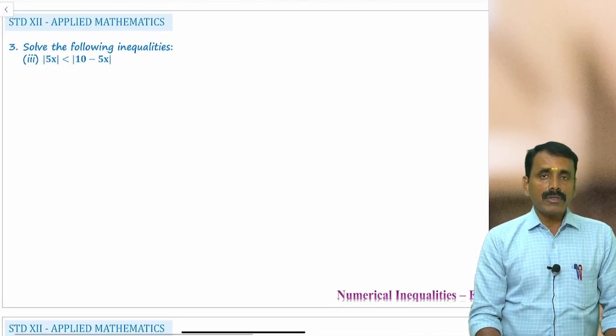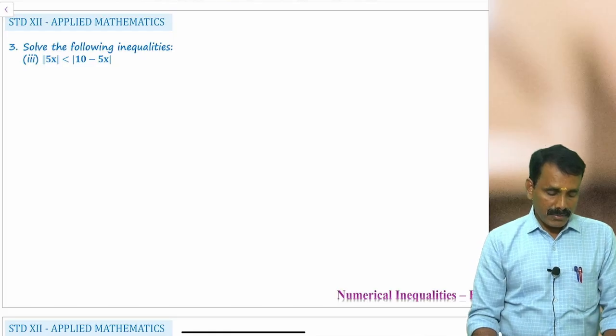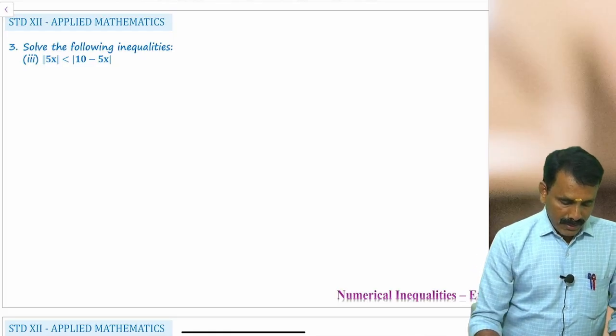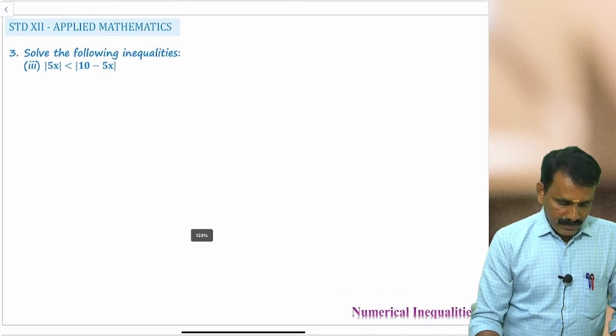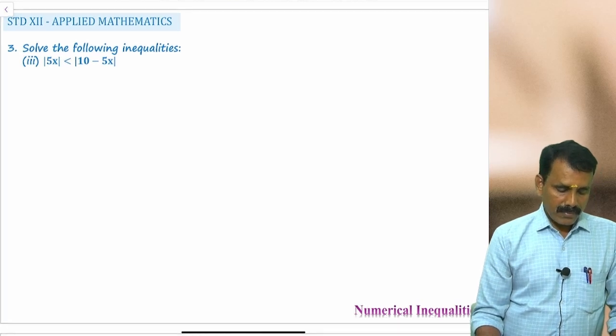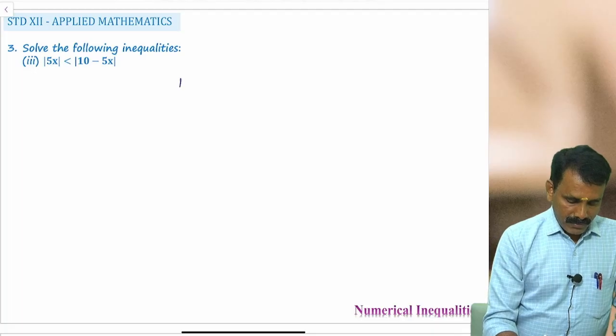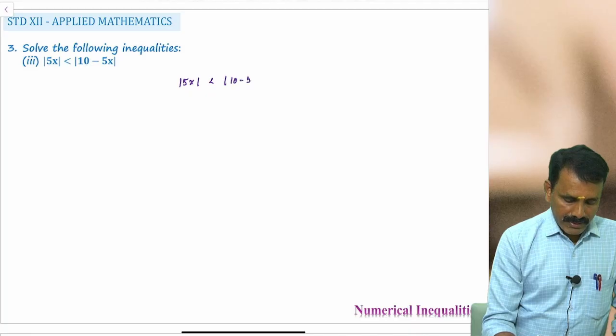Now, again we are going to solve an inequality which has modulus on both sides. So, here we are having modulus of 5x is less than modulus of 10 minus 5x.